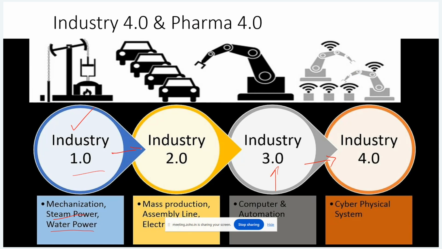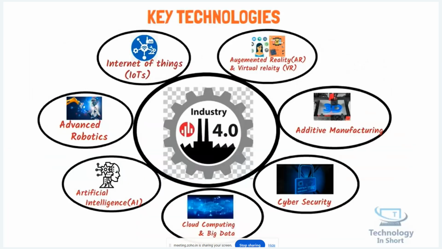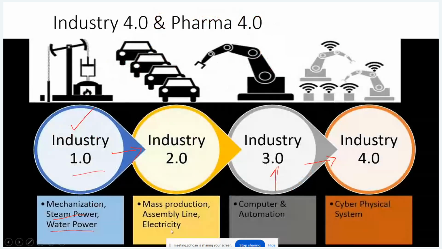After that, we shifted toward electricity. We used electricity so that we were able to produce the product in a faster manner. Because of that, we were able to provide faster production, mass production. So by the use of electricity, we were able to have mass production. That was industry 2.0. Then we shifted toward industry 3.0.